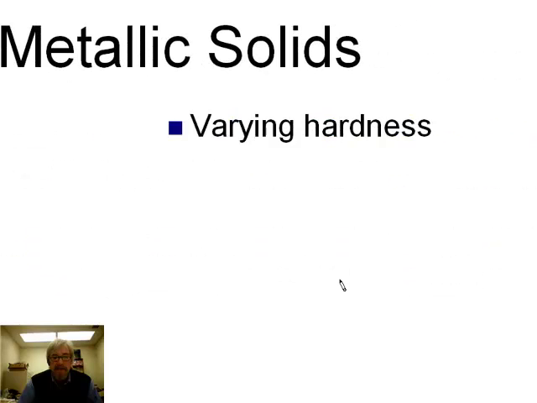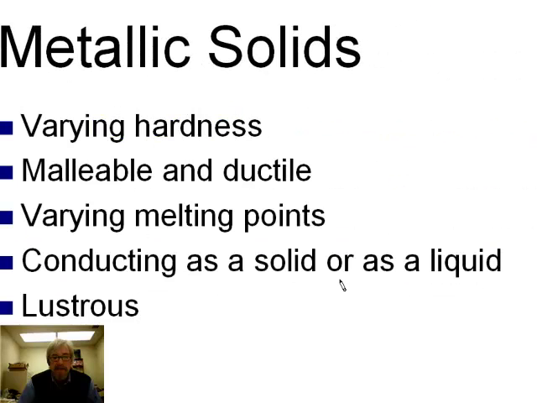Metals have varying hardness. Some are pretty hard, some are really soft. You can smush sodium around with your butter knife, but iron is much harder to dent. They're malleable and ductile because that flowing, moving electron delocalization that holds the whole thing together can reform into all kinds of different shapes.